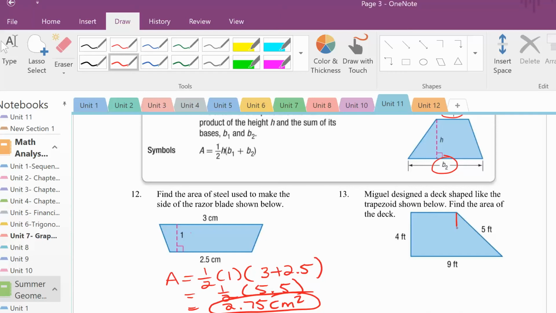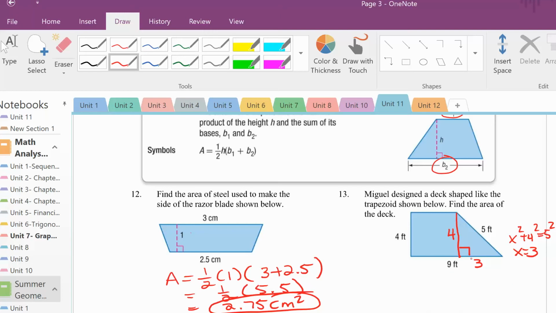So if we divided the figure into a triangle and a rectangle, so first of all, this would be 4, which means if you did the Pythagorean theorem, this right triangle would be 3 right here, because x squared plus 4 squared equals 5 squared. That means x is going to equal 3 when you solve it. It's also a 3, 4, 5 Pythagorean triple.